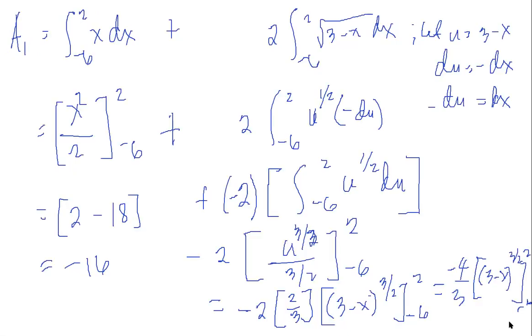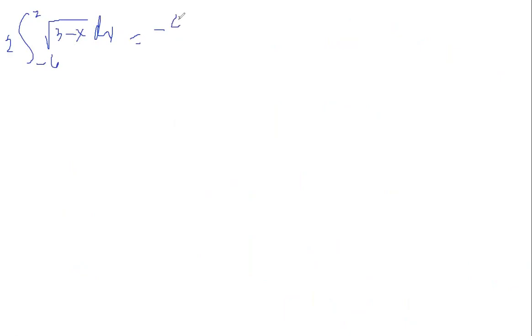So we have the second term is equal to, okay, so let's copy the integral of 2, 3 minus x dx, negative 6 and 2. What's that? We have negative 4/3 times 3 minus x raised to 3 halves, to be evaluated from negative 6 to 2.